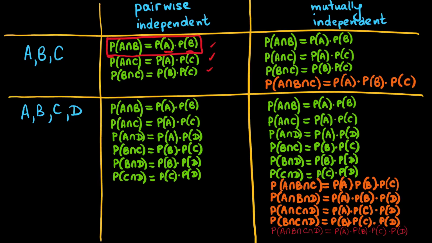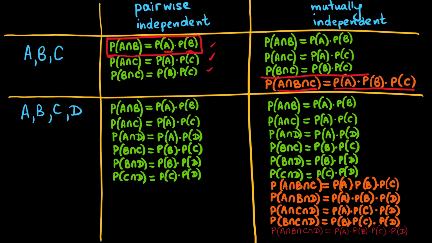But mutual independence requires that for any collection of events this factorization of the intersection of the sets holds. So in addition to the three conditions we just saw from pairwise independence, mutual independence in addition requires that the probability of the intersection of the three of them also factors.